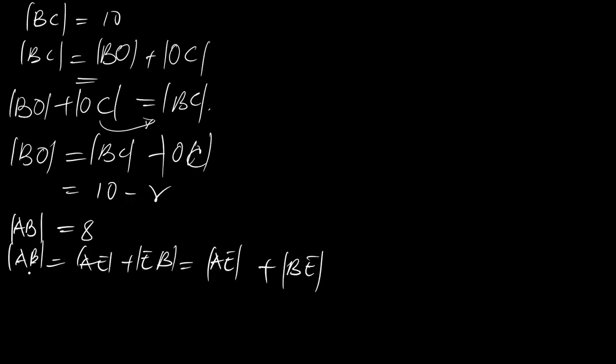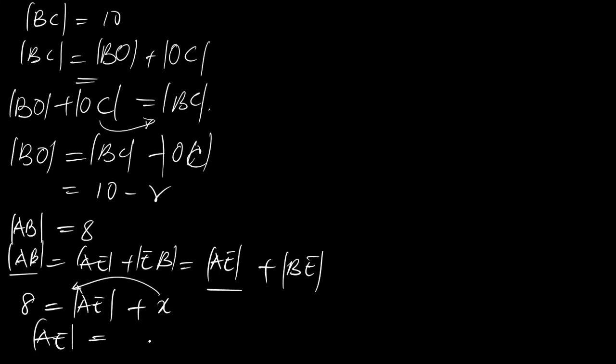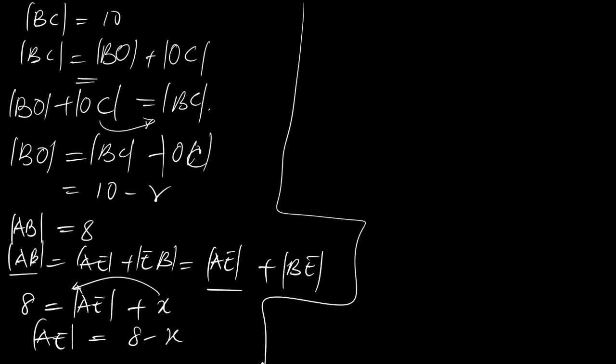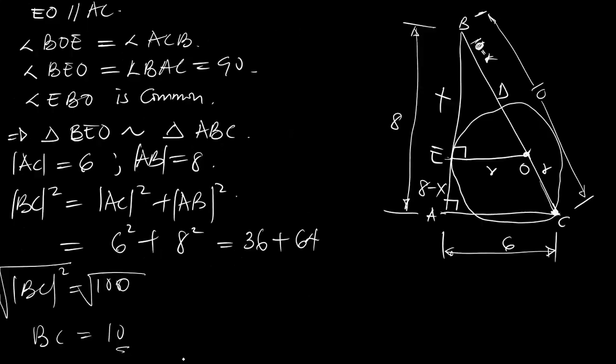So that means AB, which is 8, is equal to AE unknown plus x. So moving this to the other side, you now have AE equal to 8 minus x. So that is the value here, 8 minus x.